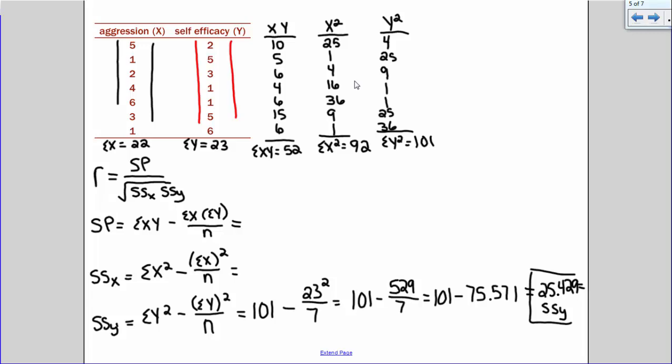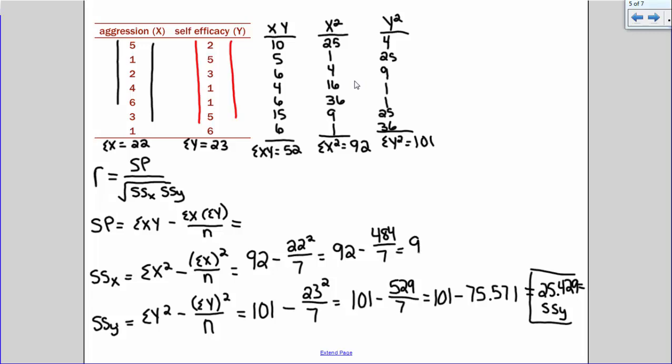Now let's do sum of squares for x. All my x's squared and added together is 92, minus the sum of x, which is 22 squared, divided by my sample size of 7. So 22 squared gives me 484. We're going to divide that by 7.